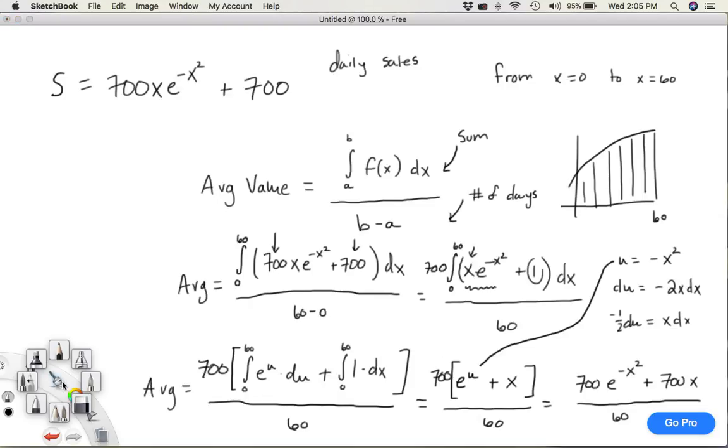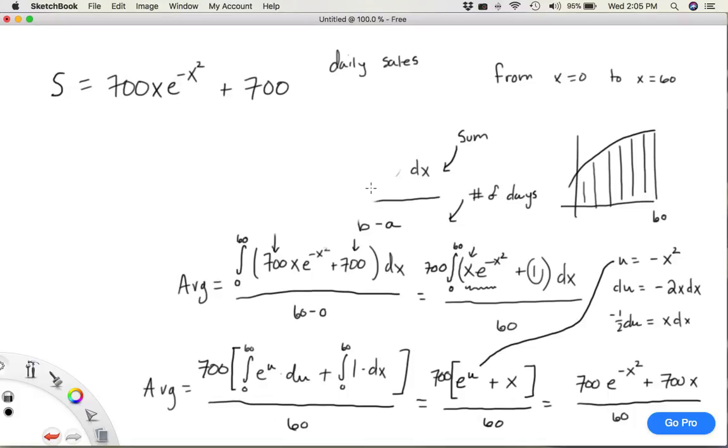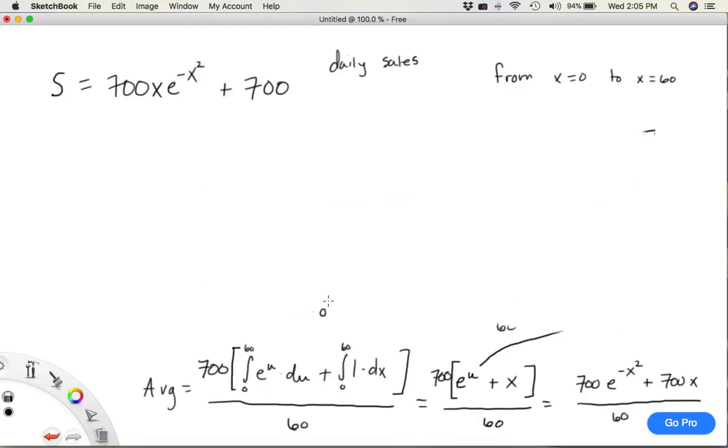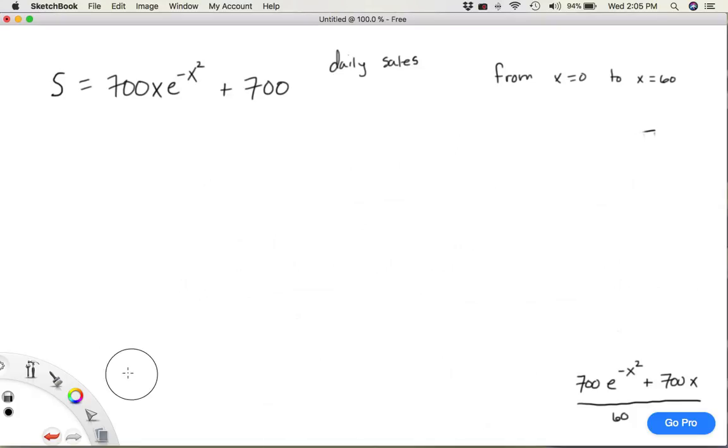Now I'm going to erase some stuff here at the top that we don't need anymore. Okay, so we've already done the integral. The average value is going to be 700 e to the negative x squared plus 700x over 60.